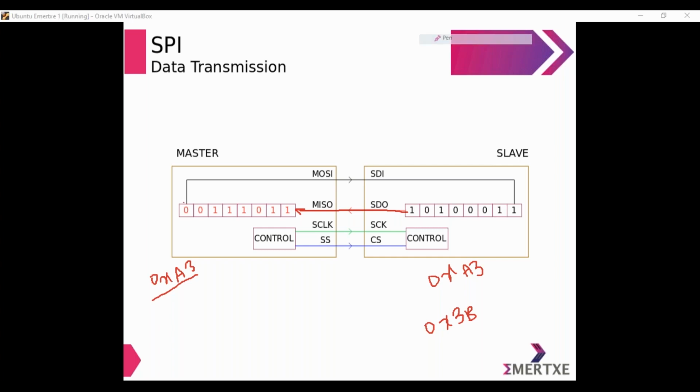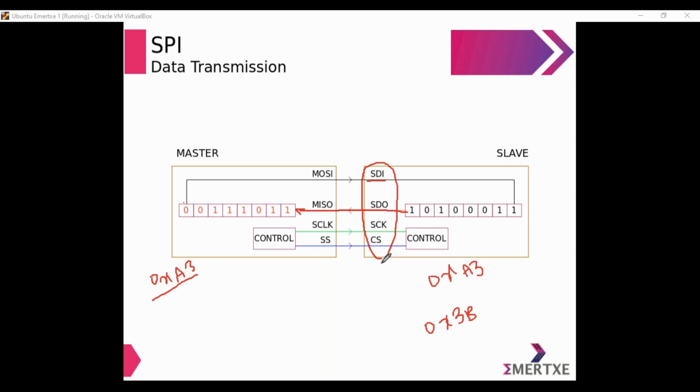If you properly observe here, in the slave, I have the names given in a different way. Instead of MOSI and MISO, I have slave data in, slave data out, slave clock and chip select. The reason the names are given like this is that the names given to the slave completely depend on the slave's manufacturer.